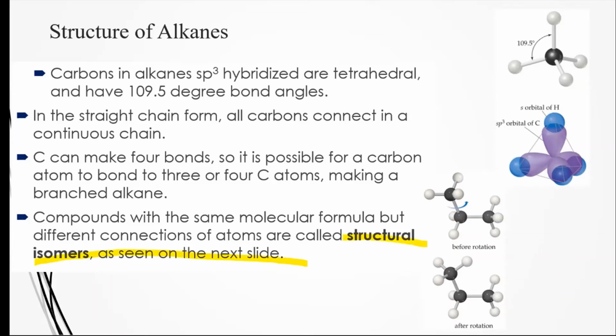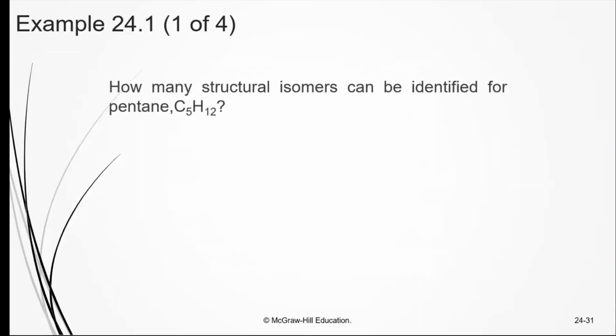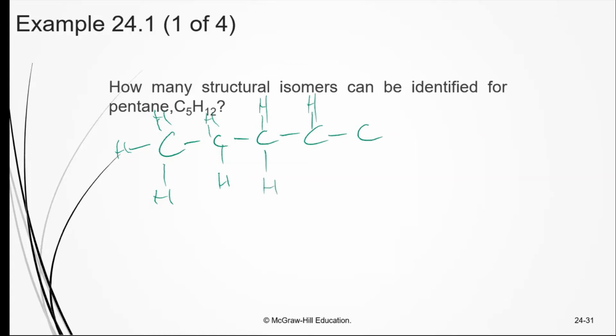So our structural isomers, we're going to try to draw some of those for pentane. So pentane, our simplest one was connection of 5 carbons in a row. Now you might have thought, oh, well, we have cyclopentane.